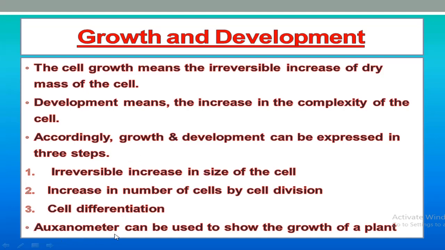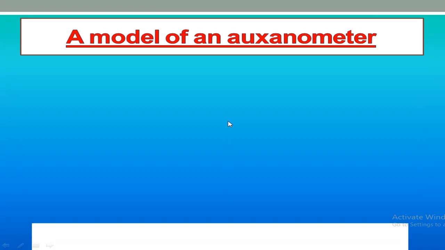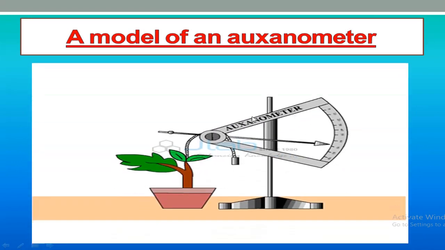That instrument is the auxanometer. Let's learn about it. This is a model of an auxanometer. The auxanometer is connected to the plant. When growth takes place in the plant, this scale is turned downward. By this process, the growth of the plant can be measured.